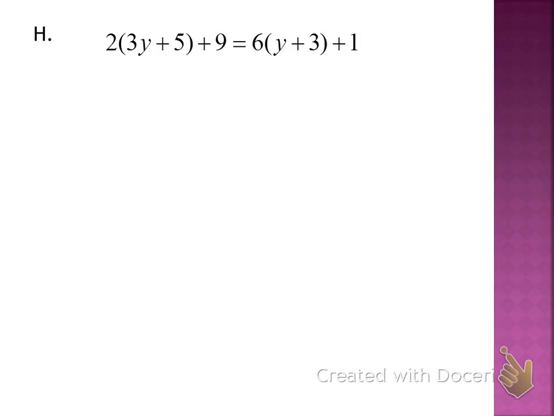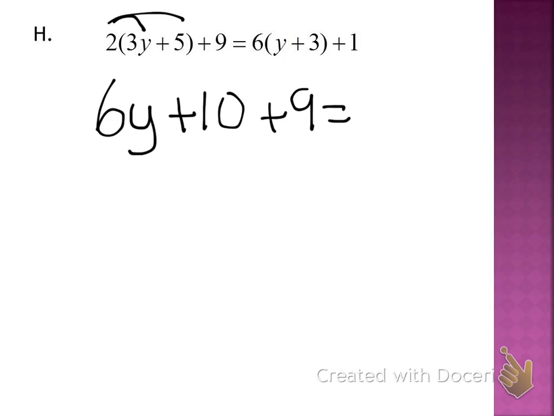I believe this is the last one for the day. Does anyone have any thoughts on how to get this guy started? Yeah, we can distribute. All right, we have some like terms.